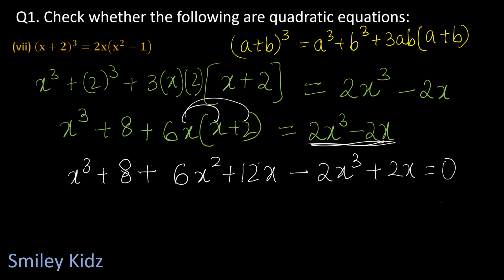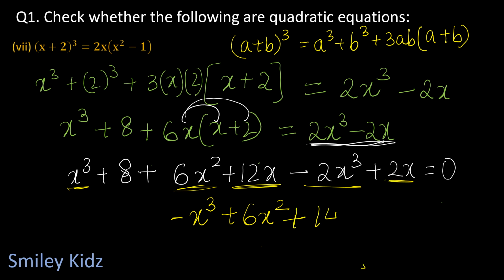Now, try to simplify this. X cube minus 2x cube will give you minus x cube. Then we have 6x square, so plus 6x square. Then 12x plus 2x is 14x. Plus we have 8 as a constant equals to 0.